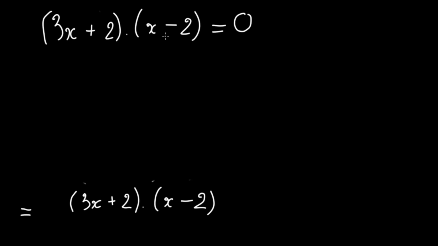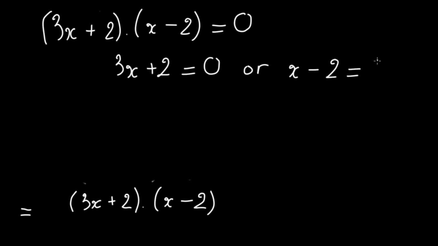When they multiply together equals 0, which means each number or each expression could be equal to 0, you see, 3x plus 2 equals 0 or x minus 2 equals 0, right? I'll solve the easy one first for you. You see x minus 2 equals 0, right?